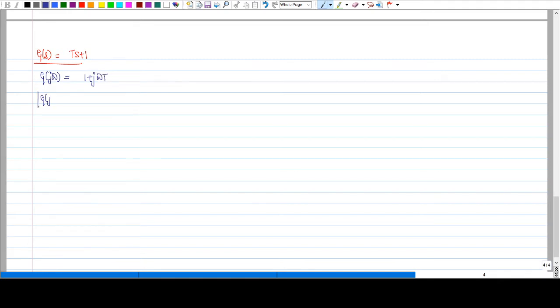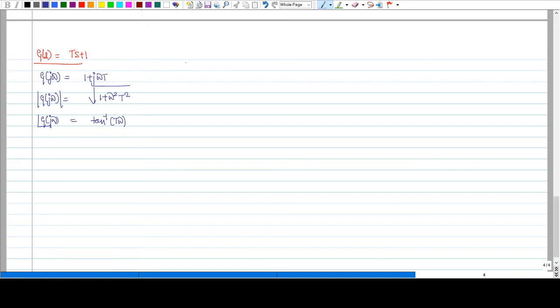Magnitude of G(jω) is equal to root of 1 plus ω² T², and angle of G(jω) is equal to tan inverse Tω. Okay, this is the magnitude and the angle.